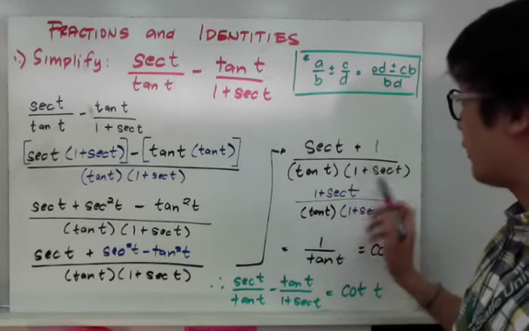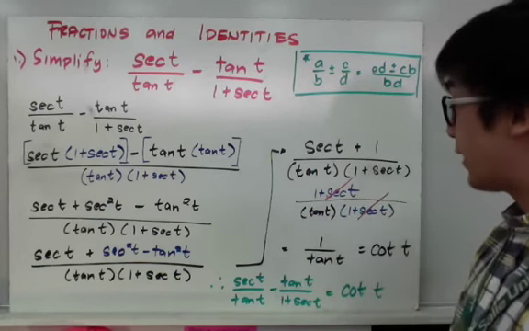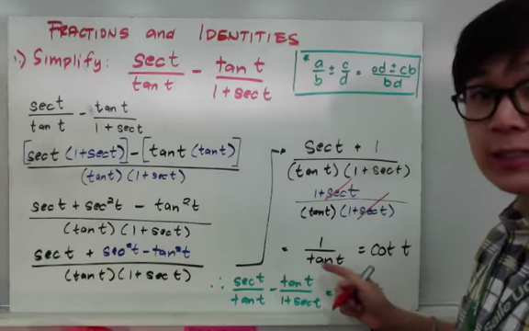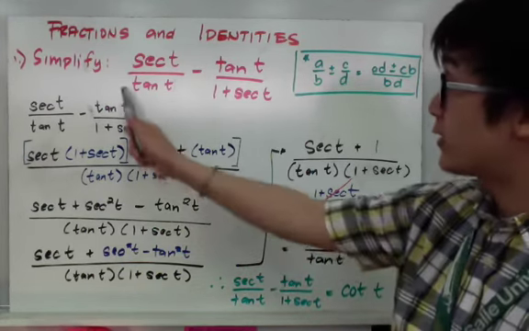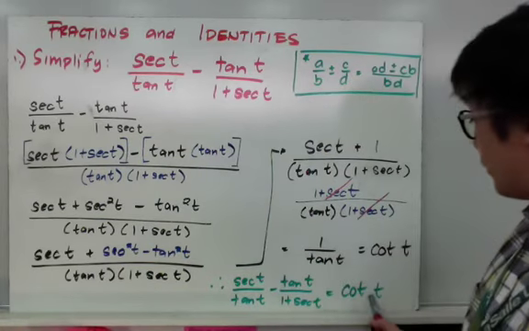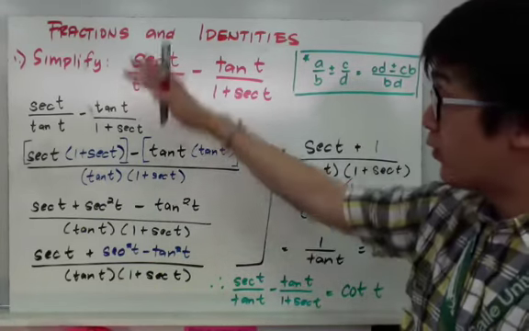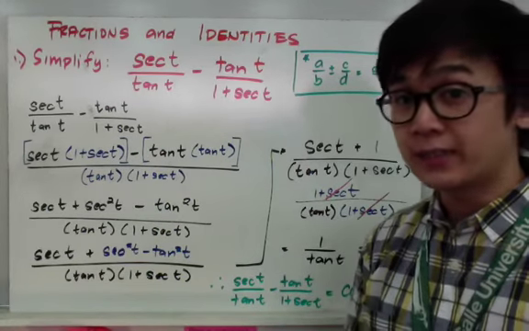So either way, you can cancel this term, leaving you with 1 over tangent t. And you know that 1 over tangent t is equal to cotangent t. So this complicated fraction right here can be simplified into cotangent t if you follow the process and if you are familiar with the trig identities.